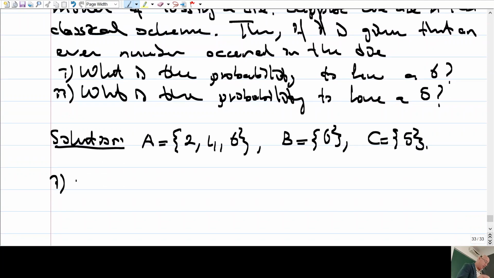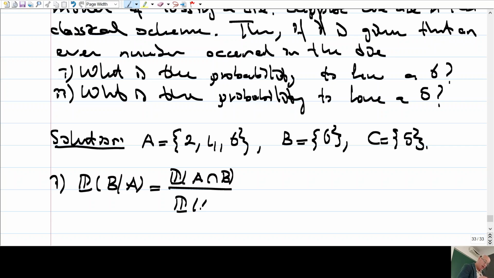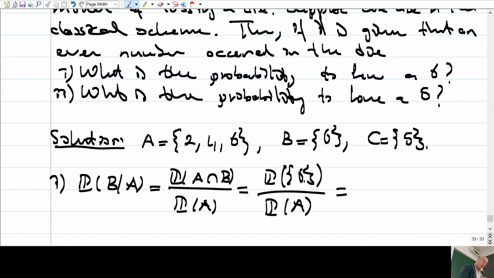Well, what is the probability of B given A? This is just the probability of A intersection B divided by the probability of A. A intersection B is just {6}, so this is 1 over 6, and A has 3 elements, so it is 3 times 1 over 6.